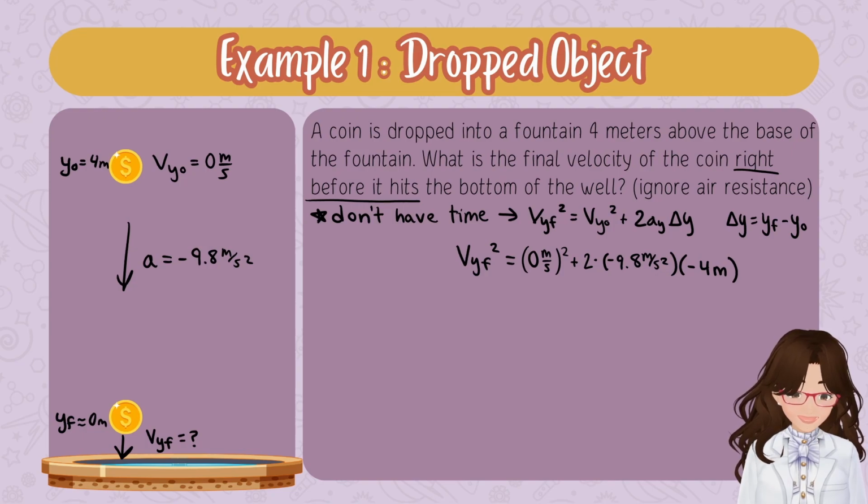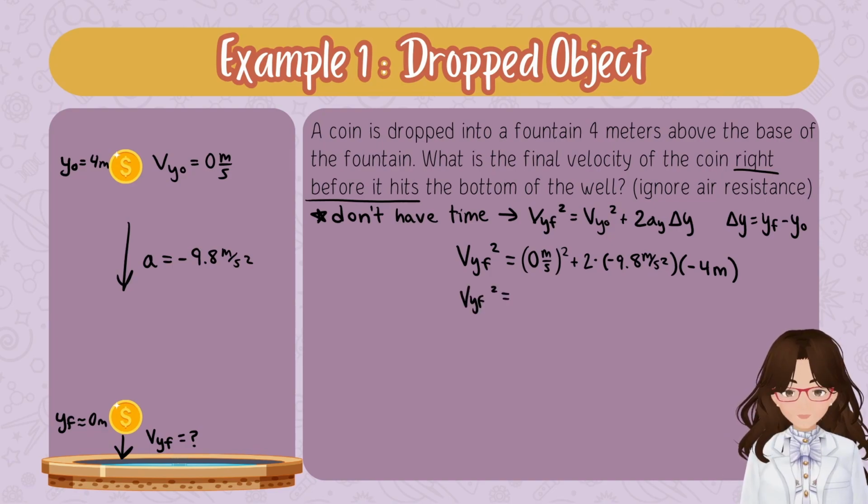Now that we have this, our last step is to calculate. You can see that our negatives will cancel, and so it's really important that you don't forget that gravity and displacement are negative in this problem. In this case, we would go ahead and grab a calculator. Vy final squared is equal to 78.4 meters squared per second squared.